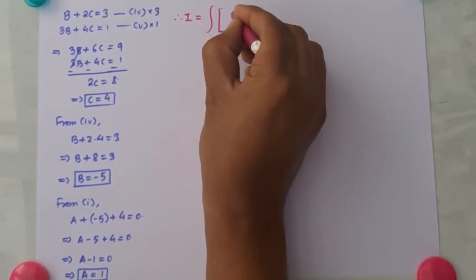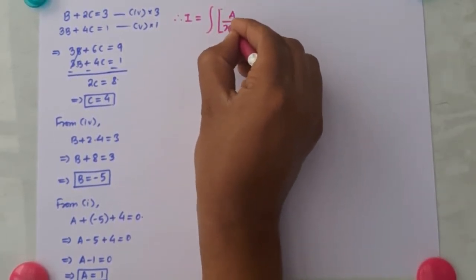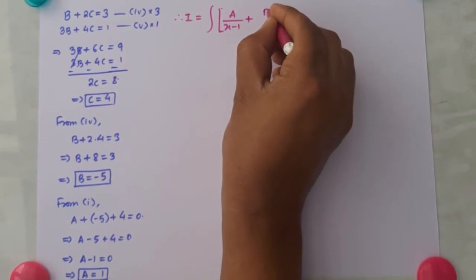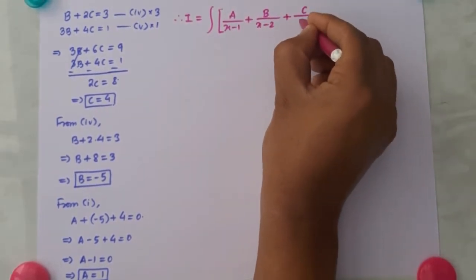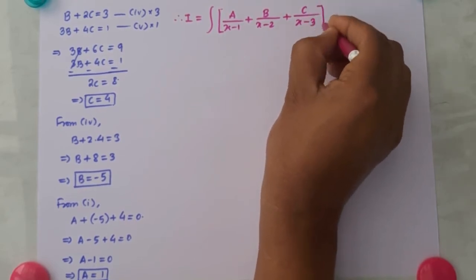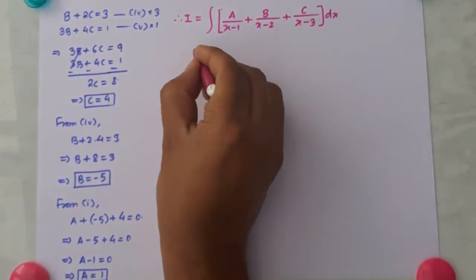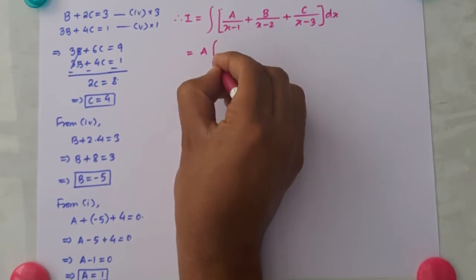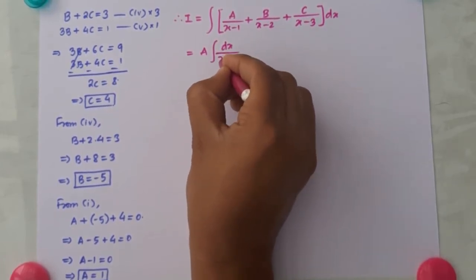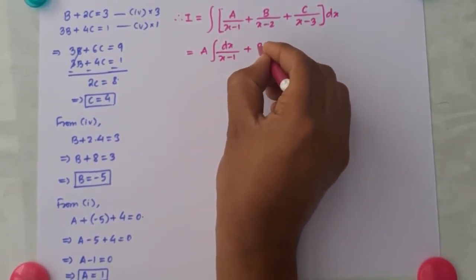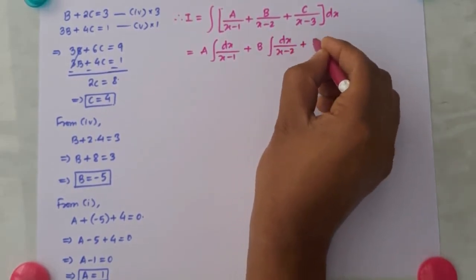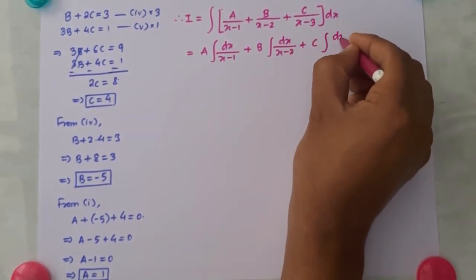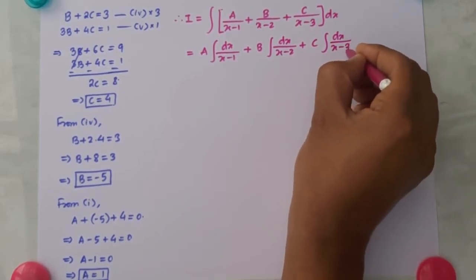That can be written as a by (x minus 1) plus b by (x minus 2) plus c by (x minus 3) dx. So as you all know, this can be written as this much plus b dx by (x minus 2) plus c integral dx by (x minus 3).